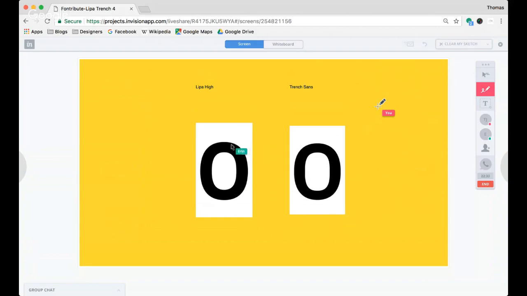I would say that Lipa is a little darker and it looks like it might have a little bit less contrast if you compare this to that. The difference is a little bit less than maybe this versus this. Would you agree? I would agree with that. Also, take notice how these curve profiles are handled. They're more square in Trench versus Lipa.